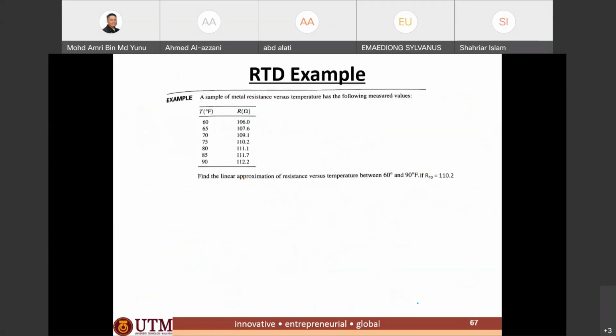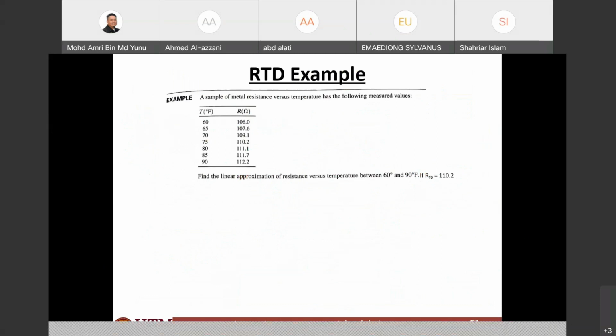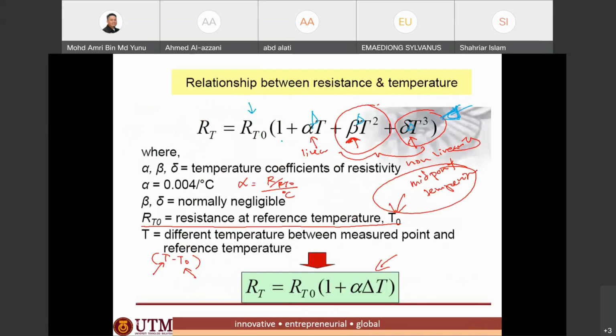So this is an example, the same example of the metal resistance versus temperature. Find the linear approximation that represents this equation.